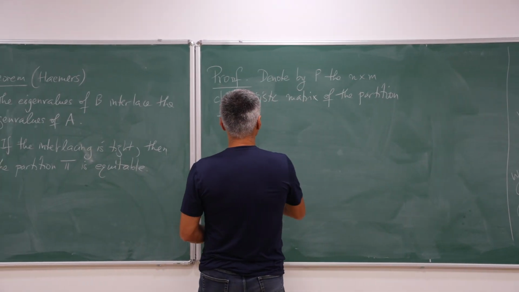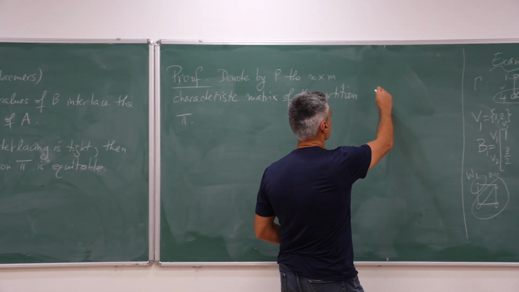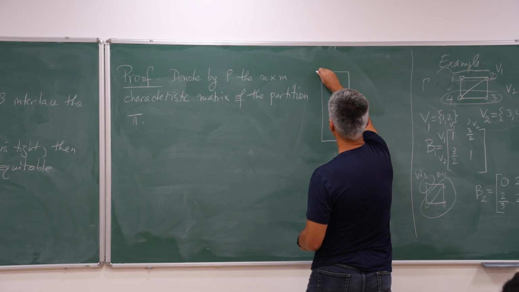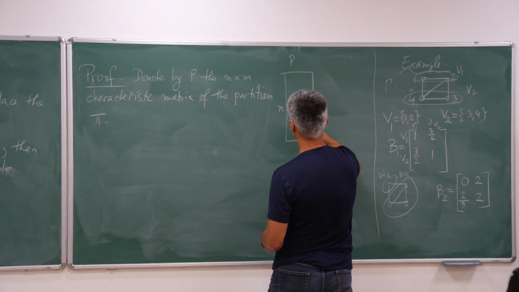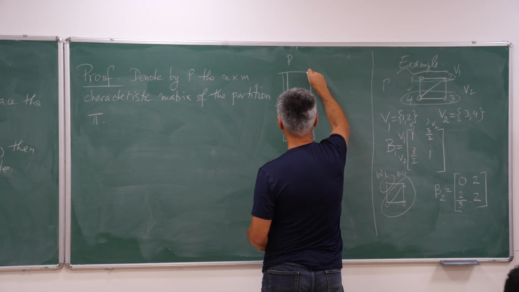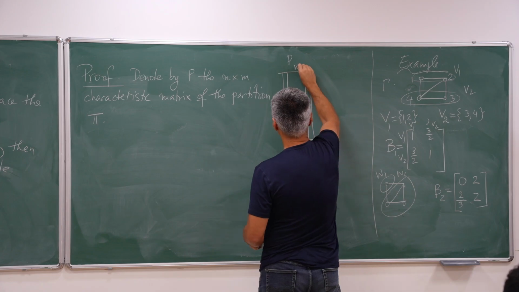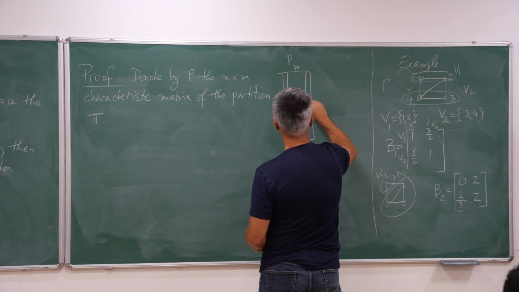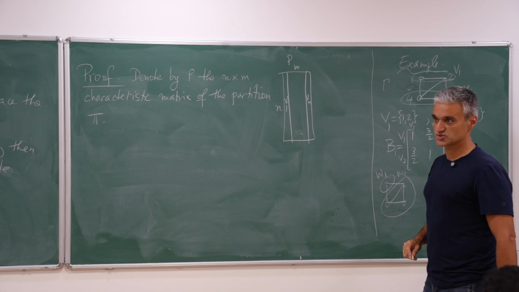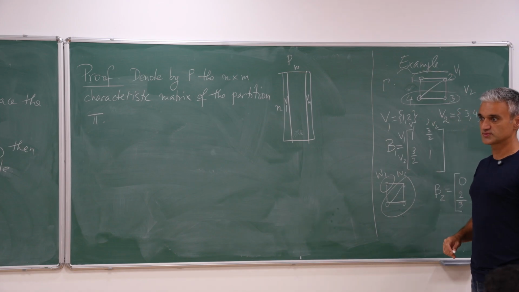So this n by m matrix is something tall like this, as we talked about before, and each part corresponds to V1 through Vm. They're the characteristic vectors of V1, V2, up to Vm.